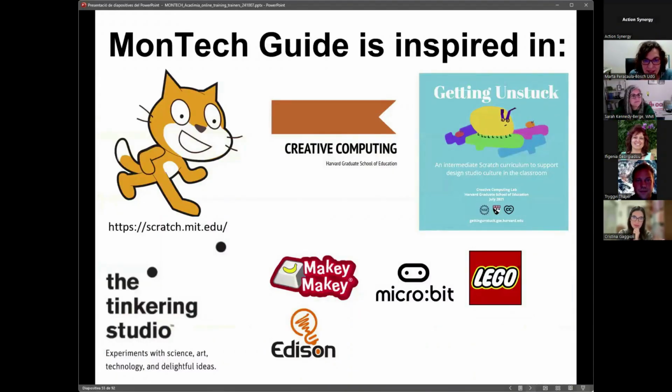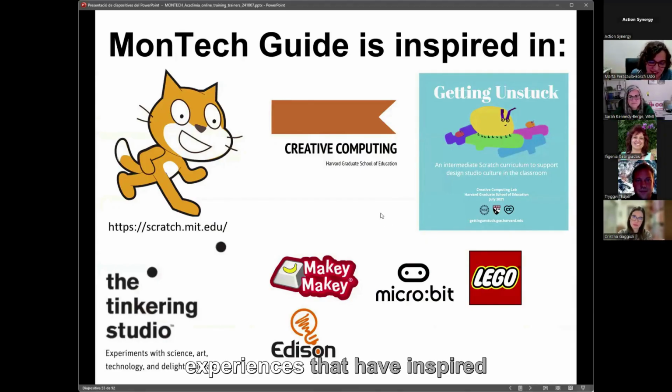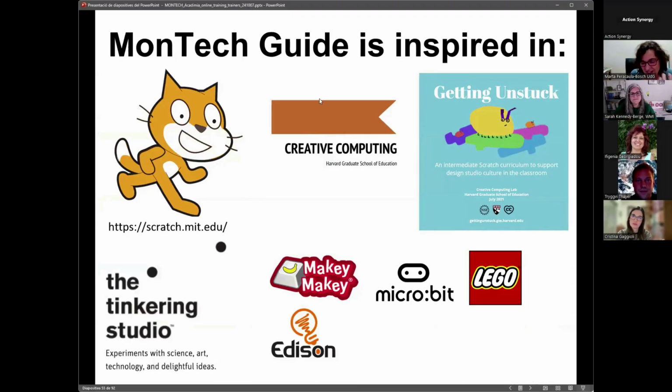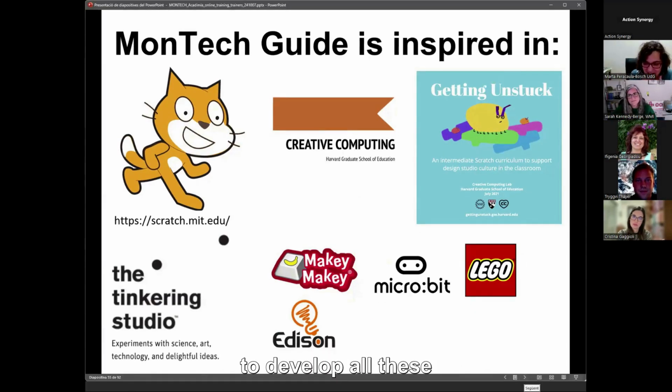Okay, the Montec guide is inspired in many other experiences that have inspired us a lot. We've learned a lot from them, from the Scratch, the creative computing guide from Harvard Graduate School, well, many guides, the Tinkering Studio, and many other resources that allow us to develop all these activities.